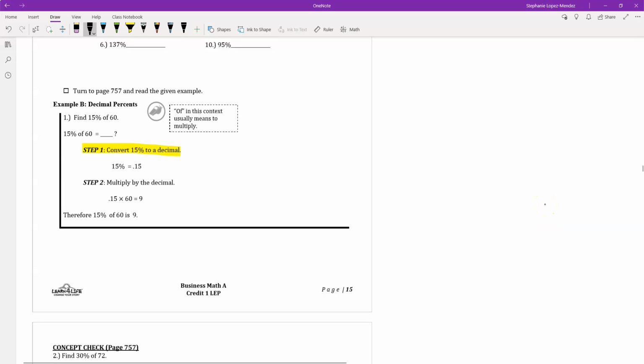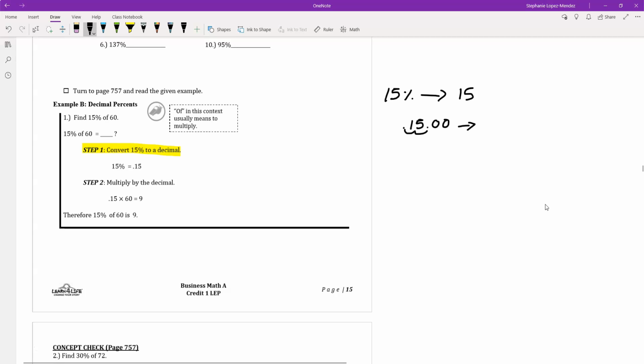Again, remember how we had 15%. My first step was to drop the percent sign, and then 15, I can also write it like this. So the point will move twice to the left, and my point will now be before the 1.